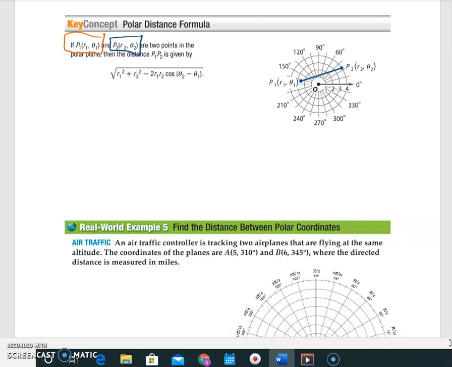You can see those values within our equation, where the distance between them is the square root of the quantity r1 squared plus r2 squared minus 2 r1 r2 cosine of theta sub 2 minus theta sub 1. So we need to identify those values.